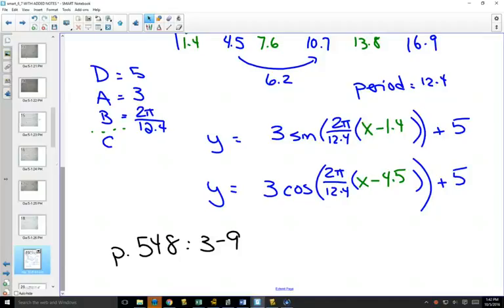Some of you might have a homework thing listed at the bottom. You can just ignore that. So those ones on page 548 are some more practice questions. But do the ones on the sheet first.